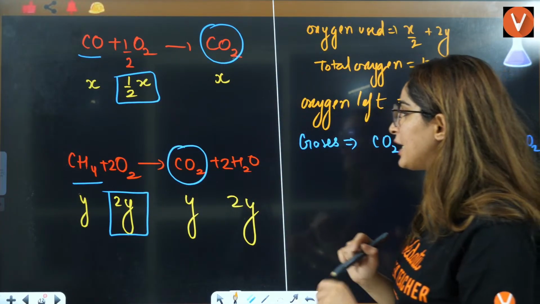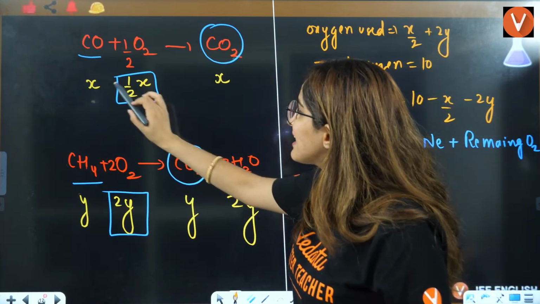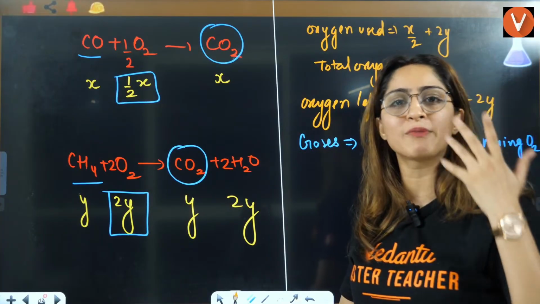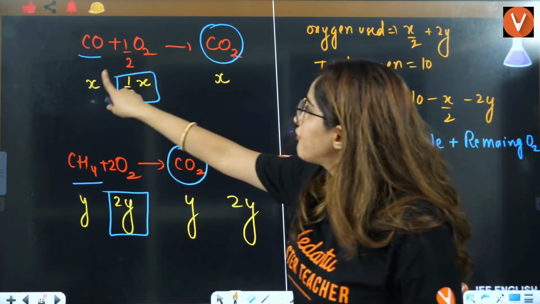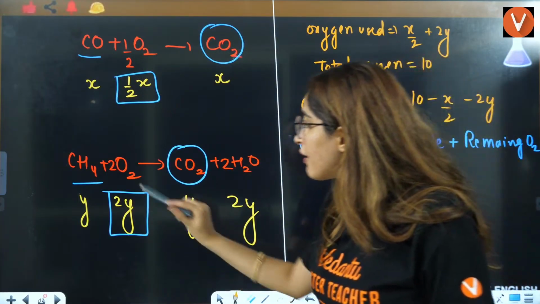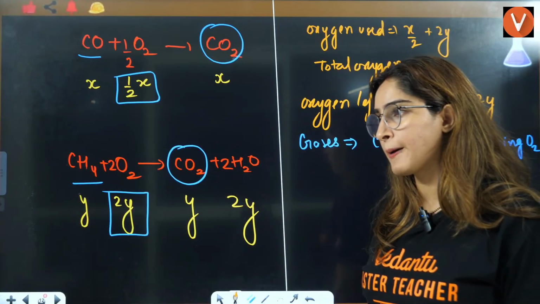Very carefully you have to see that if you have one carbon, only one carbon dioxide will be formed. So if you have X molecule of CO, X molecule of CO2 will be formed. If you have Y molecule of CH4, Y molecule of CO2 will be formed.